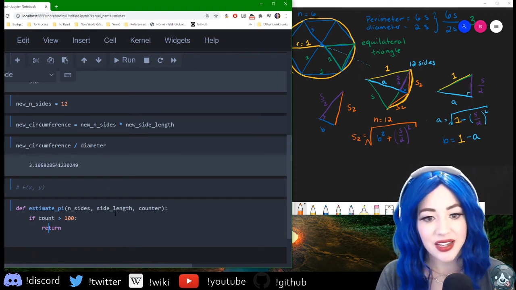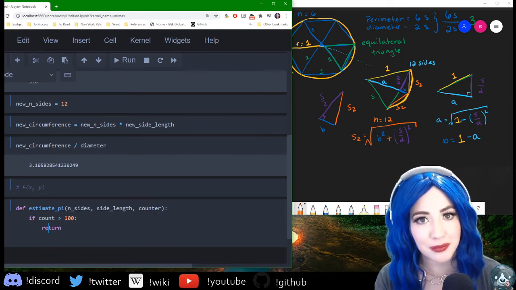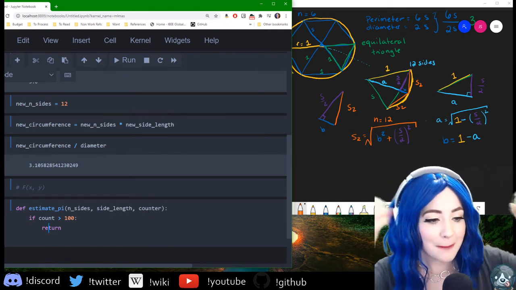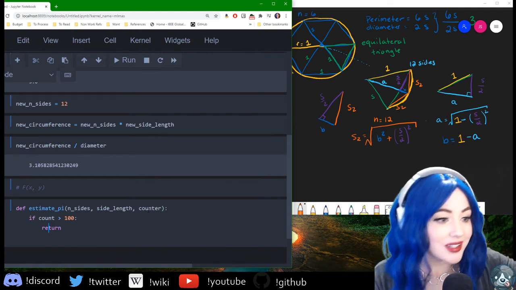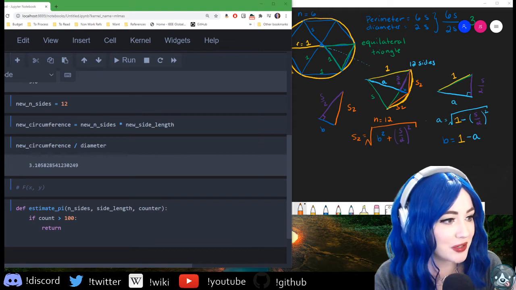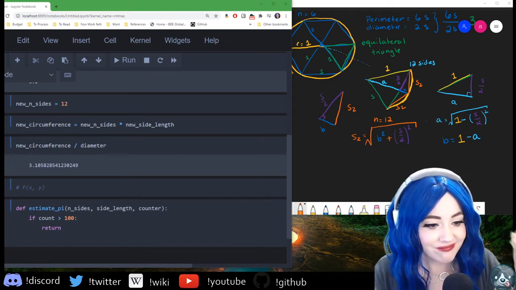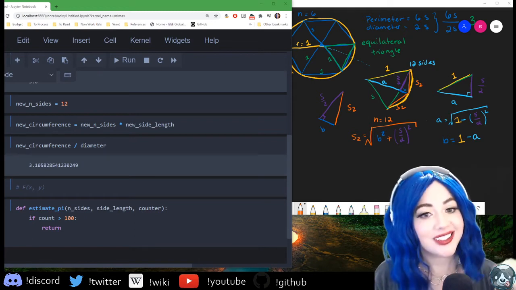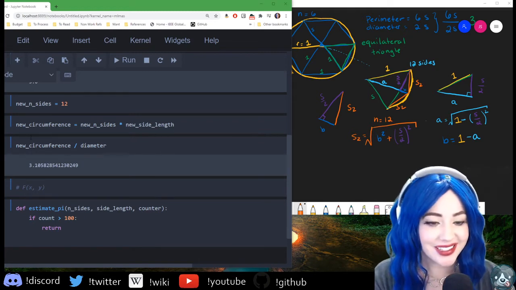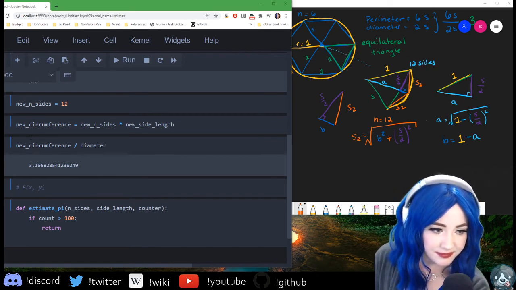And the n sides, the side length, the counter, these are just our x and y and z. These are our variables that we're feeding into our function. I can't believe I didn't even think about that, that I didn't have to come up with metaphors and ways to explain programming functions because it's like a math function. Silly me. I'm sorry, friends. Hopefully, though, that makes sense. All right.